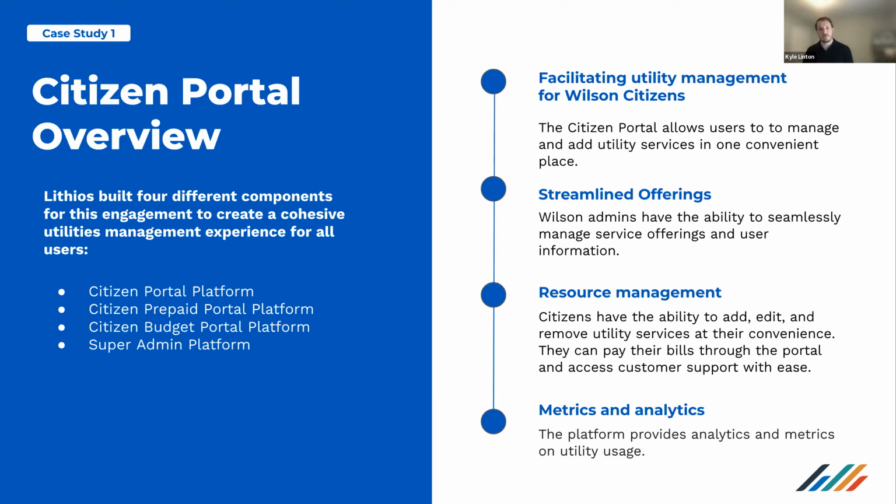But just to run through some of the bullet points of this product, with this product we are facilitating utility management for Wilson citizens. We're streamlining offerings, so we're showing different packages that users can select for internet, water, electricity, etc. You can remove those utility services, and that feeds into the back end. And then we're tracking a lot of analytics behind those different products.